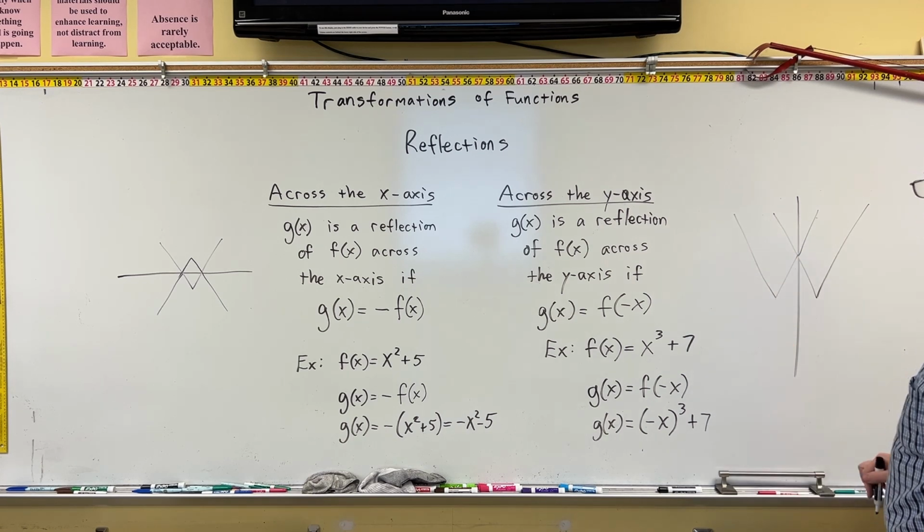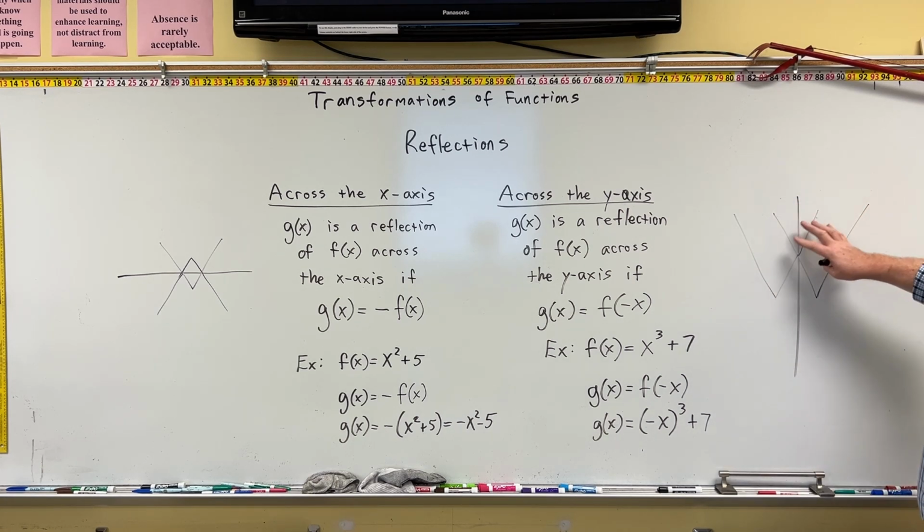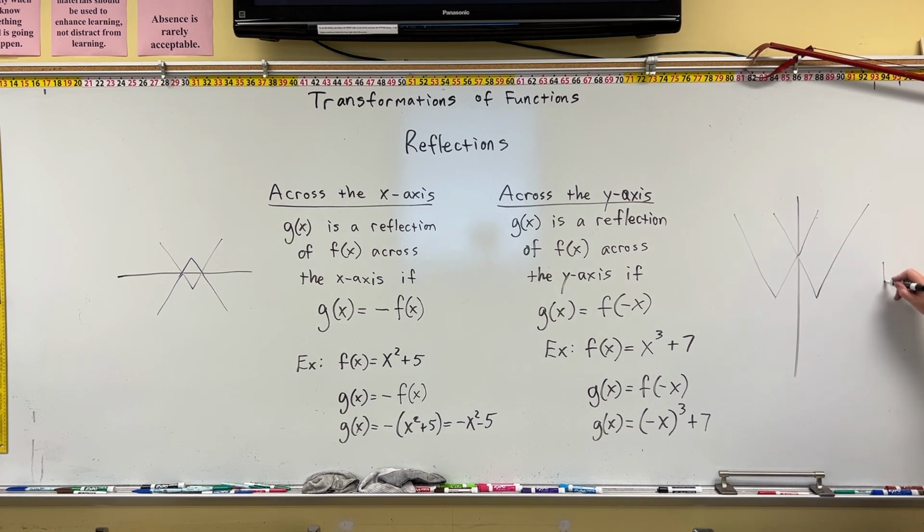That would be the reflection across the y-axis. Or if you just had a V shape here, a reflection across the y-axis would look, that's a little large, but I hope you get the idea. It would look something like this. Okay, we're reflecting over the y-axis, okay?